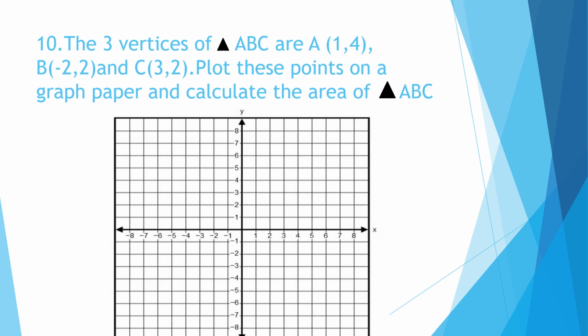Move to question number 10. The 3 vertices of triangle ABC are A 1 comma 4. Mark it as A, point B minus 2 comma 2, and C 3 comma 2.